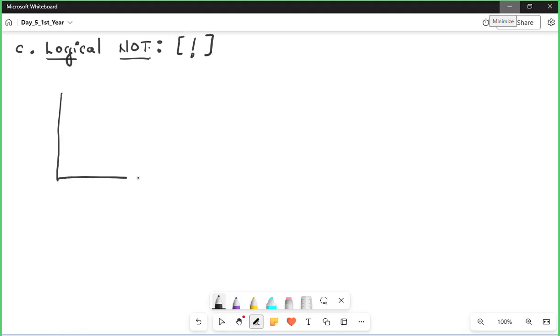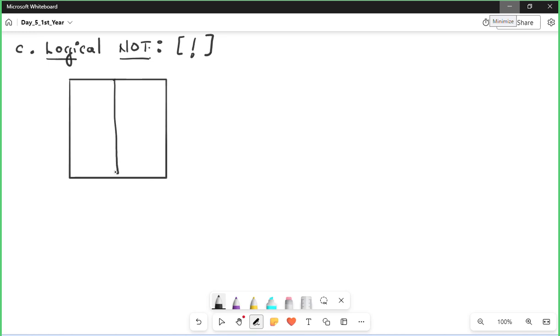So the table of NOT gate is very simple. There is only one input, and NOT of A. This is how we write. So if it is 0, it will become true. If it is non-zero, it will become 0.